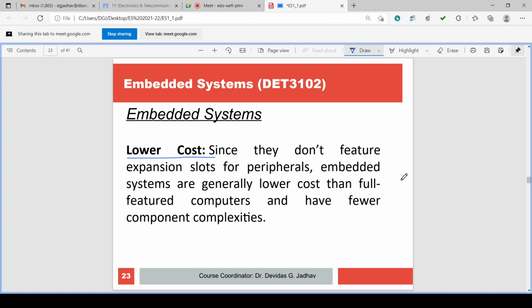Every company, every organization, every person is trying to make all the systems cost effective. Similarly, the embedded systems are made cost effective.